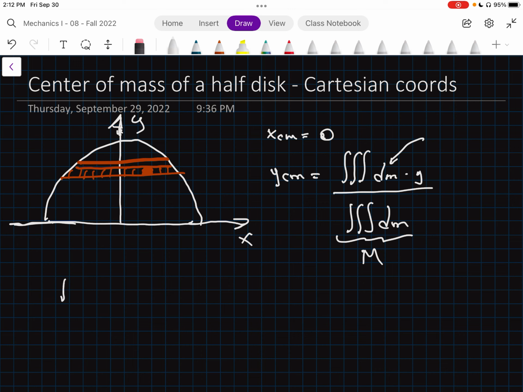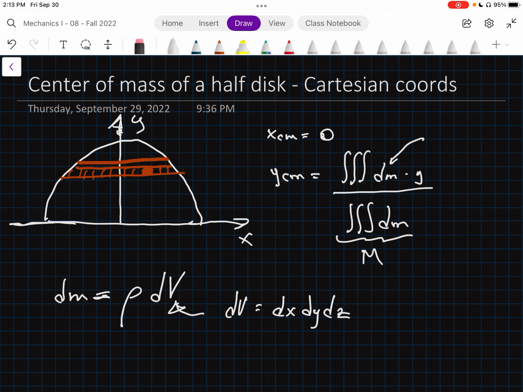So in general, my mass element will be the density of the object, rho, times whatever my little piece of volume is. And the volume in Cartesian coordinates is a little easier than in cylindrical coordinates, but again, it depends on the problem. Sometimes you definitely want to work in cylindrical or polar coordinates. But in Cartesian, my volume element is just dx dy dz.